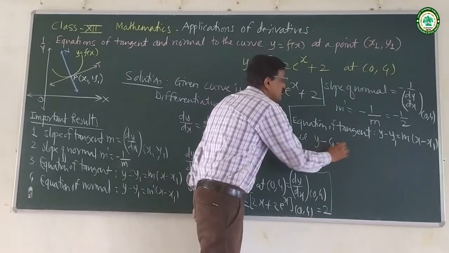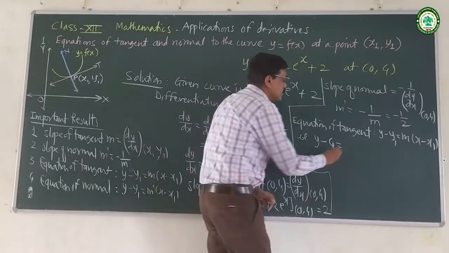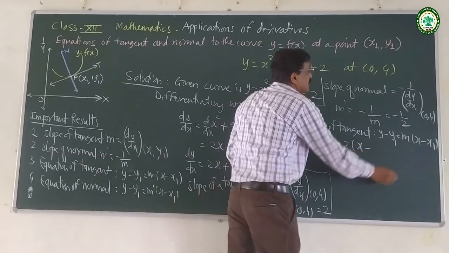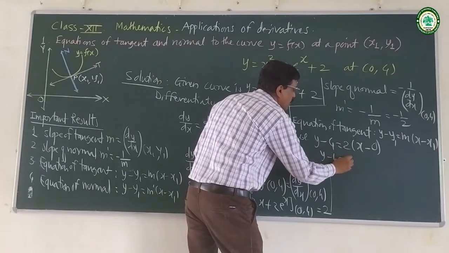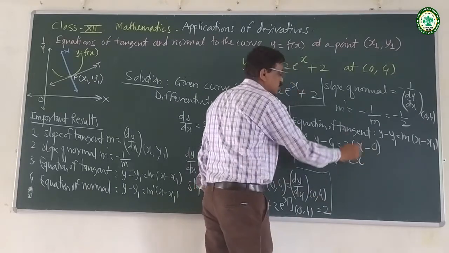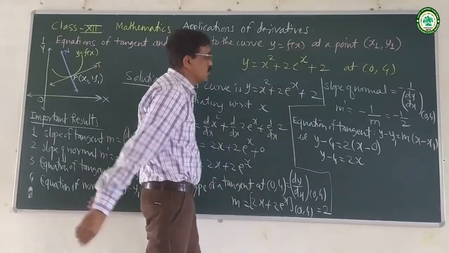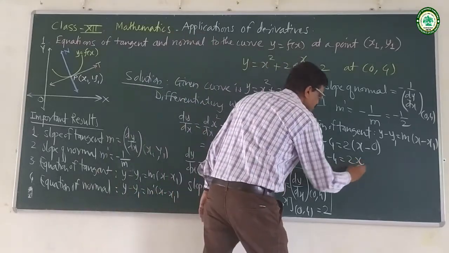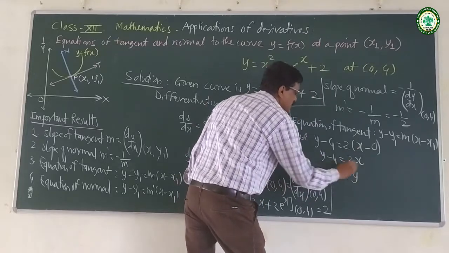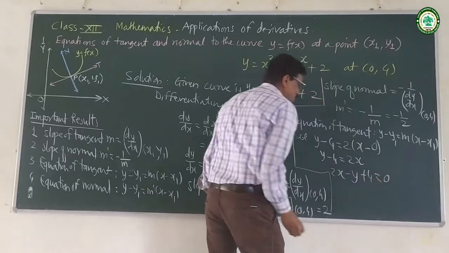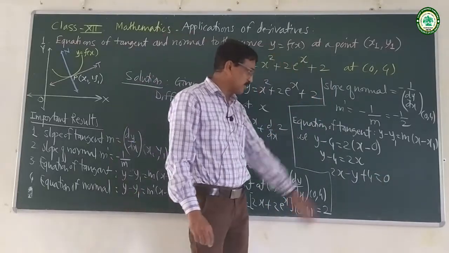So y1 is 4, slope m is 2, into x minus x1, x1 is 0. So it is y minus 4 is equal to 2 into x minus 0, 2 into x, it is 2x. Take all the terms on the right side, what we get? 2x, minus y, plus 4 is equal to 0. So this is the equation of tangent to the curve at the point 0, 4.